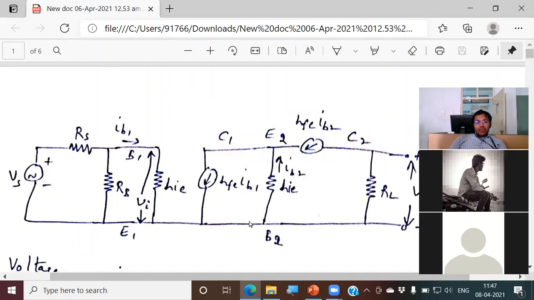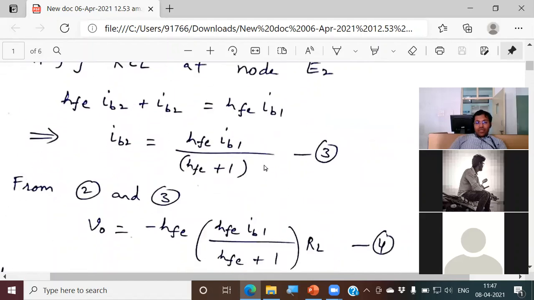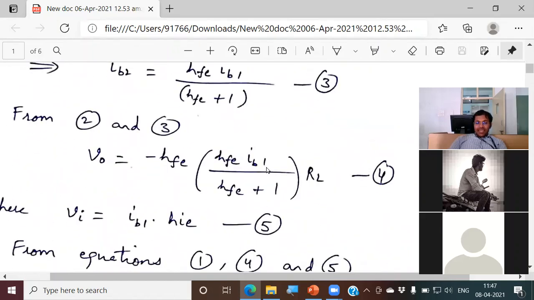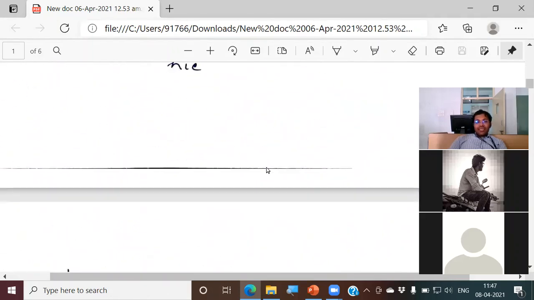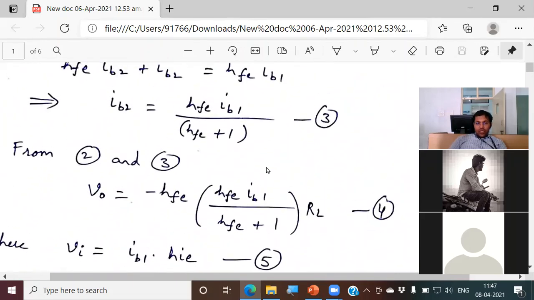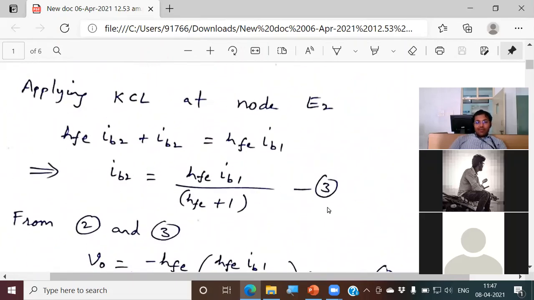This part means these three components, HFE IB1, HIE, HFE IB2. This one we did not disturb. So the KCL equation which you now told is valid for both circuits. Yesterday, the same KCL equation we wrote, we gave it equation number 3. Can I use the same equation? Yes or no?